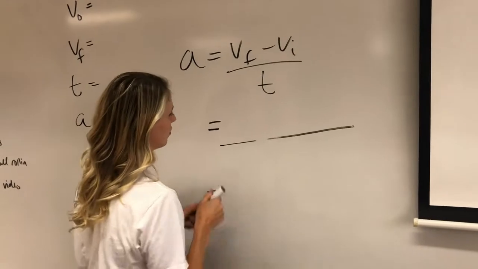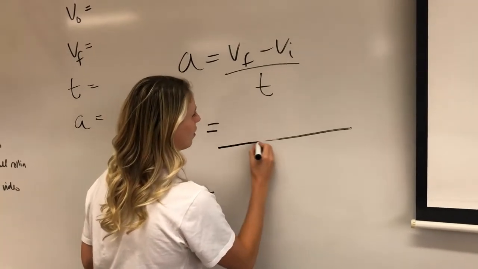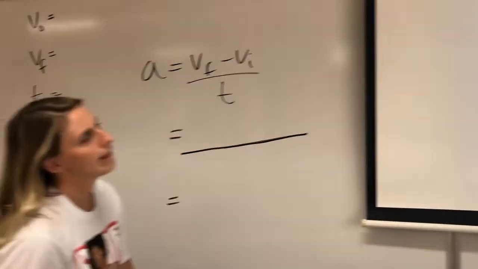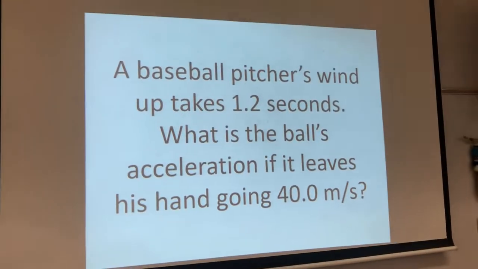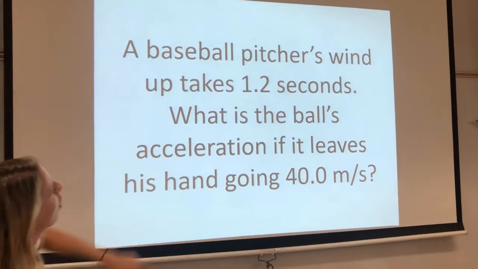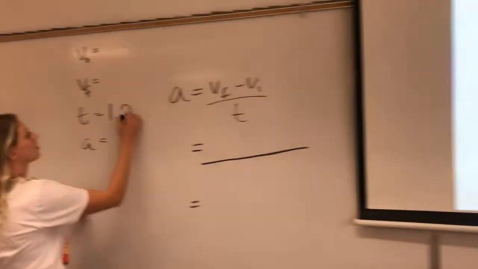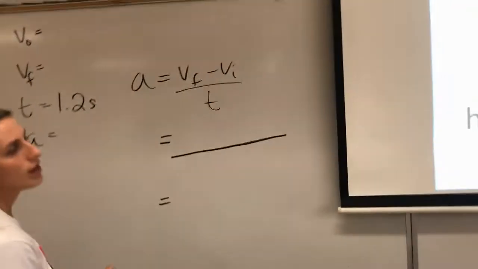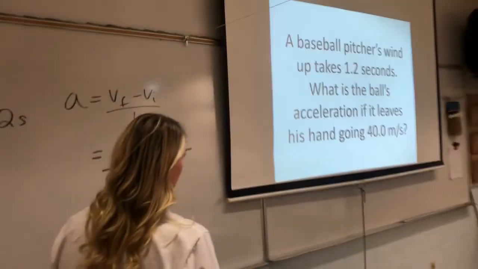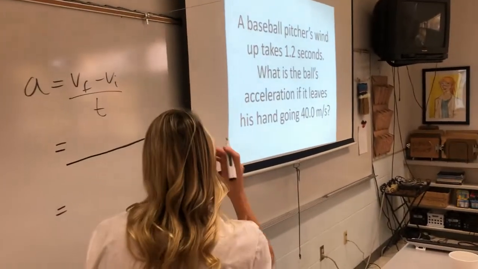So you're leaving that fraction bar up there because it's going to be the same with just different numbers, because it wants to know what the acceleration is again, right? Yep. Okay, so the pitcher winds up and takes 1.2 seconds. What is the ball's acceleration if it leaves his hand going 40 meters per second?